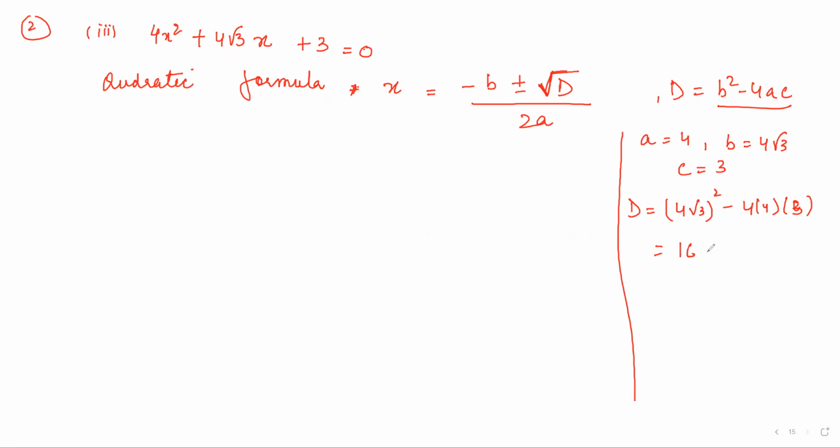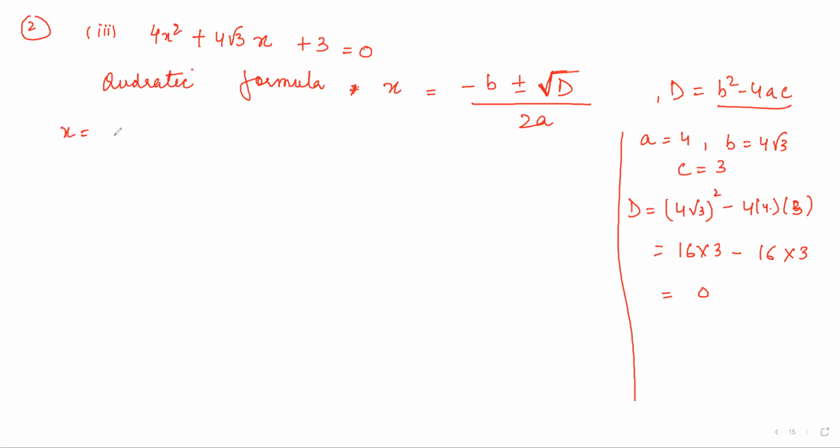And this is 16 into 3, root 3 into root 3 minus 4 into 4, 16, and again 16 into 3. It is coming out to be 0, yes? Same thing I'm getting. Yes, 16 into 3 minus 16 into 3 will give me 0, correct? Yes, ma'am.